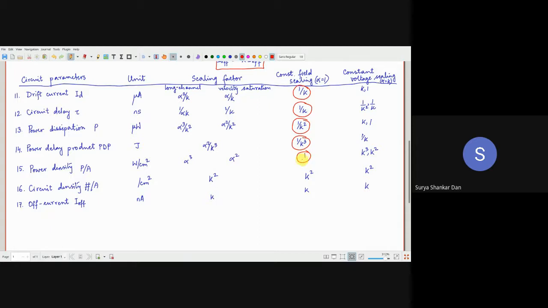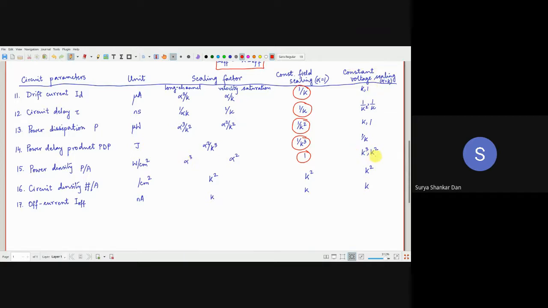Excellent. So that means, as far as your reliability issues are concerned, your 7 nanometer FinFET is supposed to be as robust as your 22 nanometer FinFET, as long as you are dealing with constant field scaling.